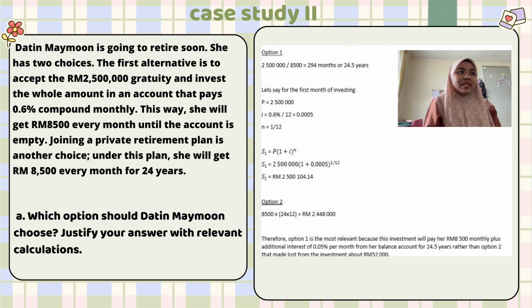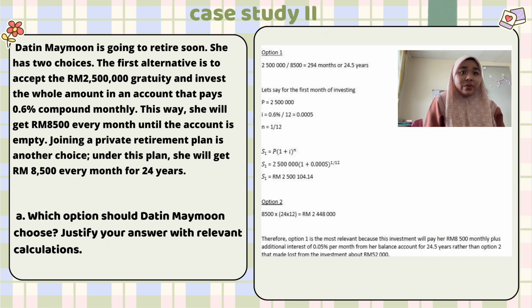So for this question, we have to make two answers. For option 1, we have to divide 2,500,000 ringgit by 8,500. So the answer is 294 months or 24.5 years. Let's say for the first month of investing, P is equal to 2,500,000, I equals 0.6% divided by 12, so we will get 0.0005, and N equals 1 divided by 12.